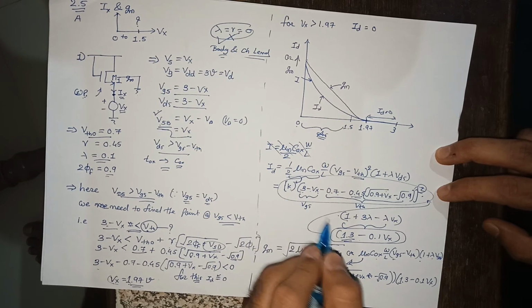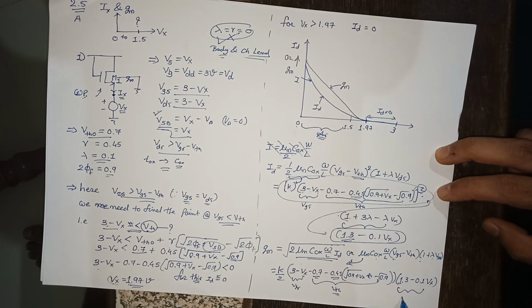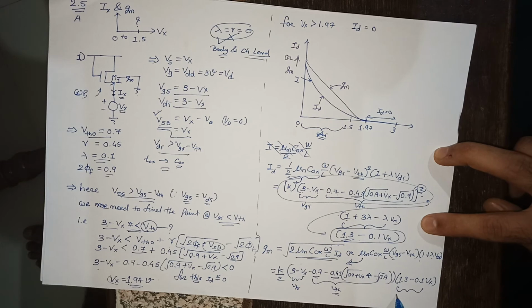This k is not the same k, because here 1/2 was there, so let's say k by 2 to avoid confusion. 3 minus Vx is VGS, and here is the equation of VTH. I put the value of native threshold voltage and gamma, times 1 plus lambda VDS.